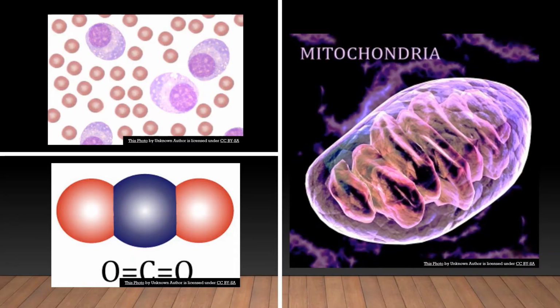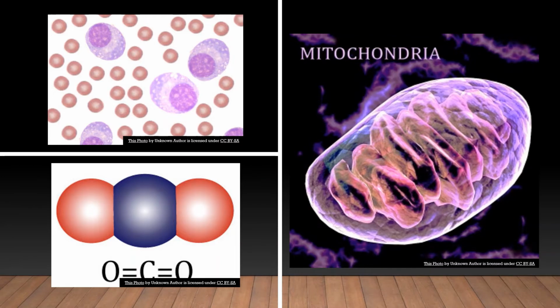Now I'm going to explain how carbon dioxide is transported in the blood and its role in the control of respiration. It's very important for our body to be able to remove carbon dioxide because a buildup can cause problems such as hypercapnia, which is when there is a buildup of carbon dioxide in your blood.